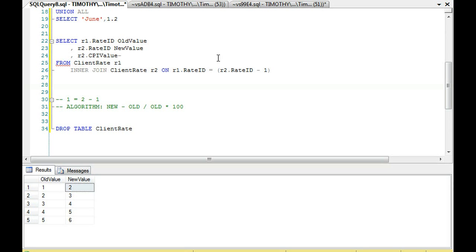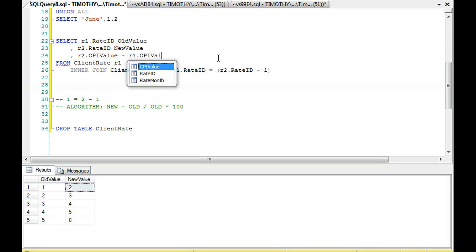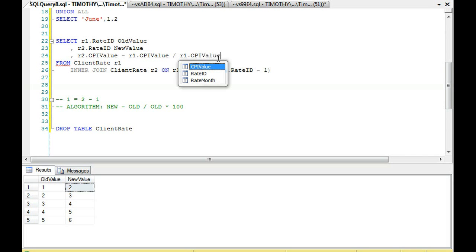And we will subtract from that R1 dot CPI value, and we will divide that by R1 dot CPI value, and we will multiply that times 100. And I'm going to do order of operations, just some basic math here, so that the computer knows what to take first.